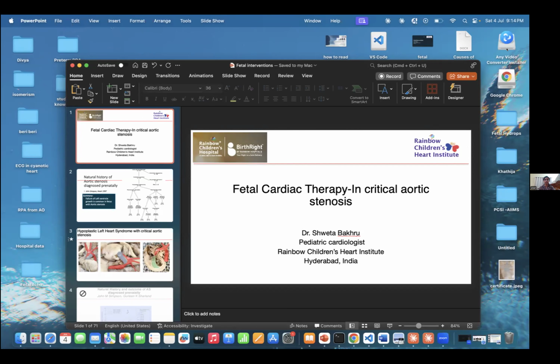And if you don't pay attention to how the valve actually looks, and whether the valve opens and closes in systole and diastole in the 2D image before you put your colors, that will lead you towards the diagnosis, because often there could be some confusion on what this possible lesion is. That's one point which I want to stress on among the ones which you quoted.